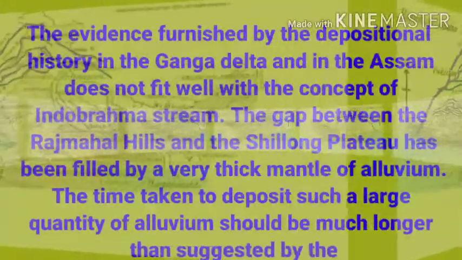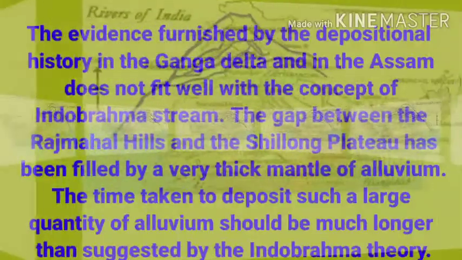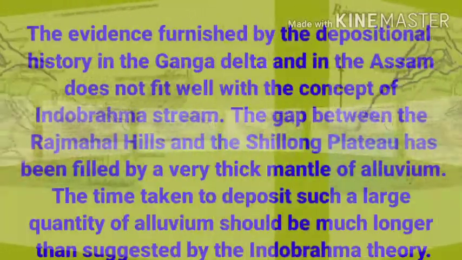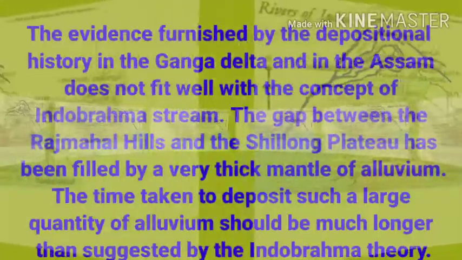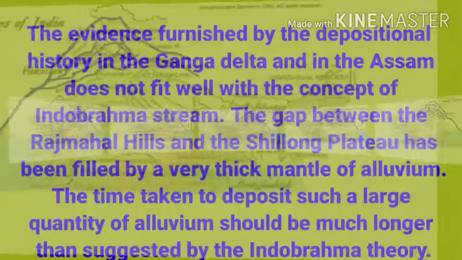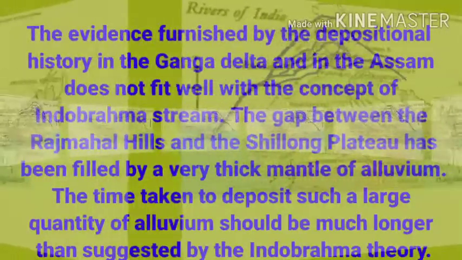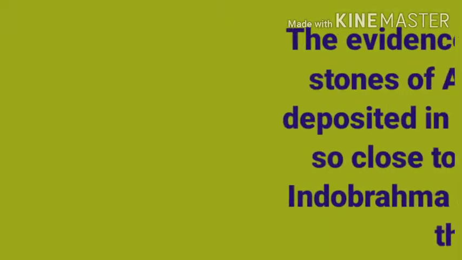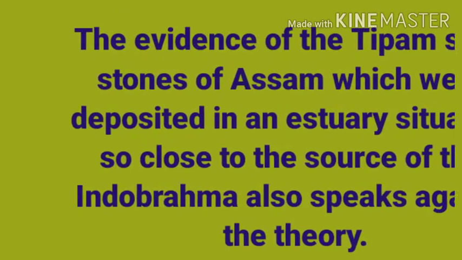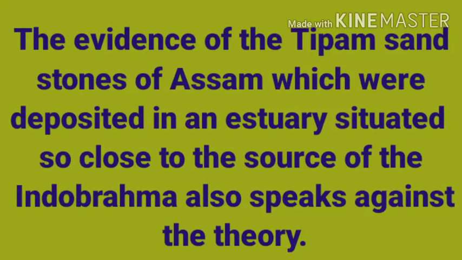down the Himalayan slopes. And secondly, the evidence furnished by the depositional history in the Ganga Delta and in Assam does not prove this concept, as the deposits in the gap lying between the two projections of the peninsular block, Rajmahal Hills and Shillong Plateau, have been composed of thick alluvium older than that suggested by the Indo-Brahma theory.